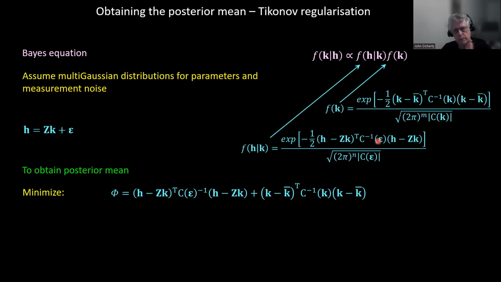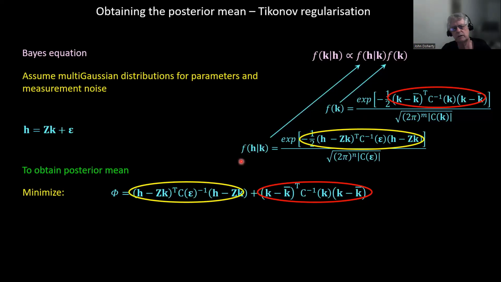Now, remember we said last time, if I want to calibrate my model, if I want to obtain the posterior mean parameter set and predictions which depend on it, I minimize this objective function. And you see this term here, there it is in the prior multi-Gaussian probability distribution, and this term here is in the likelihood function.